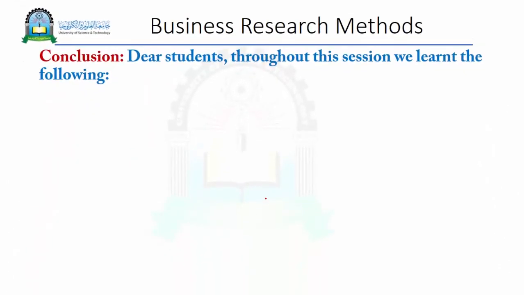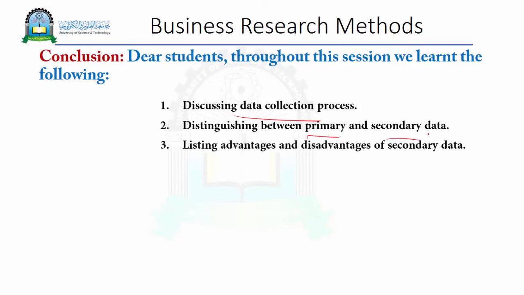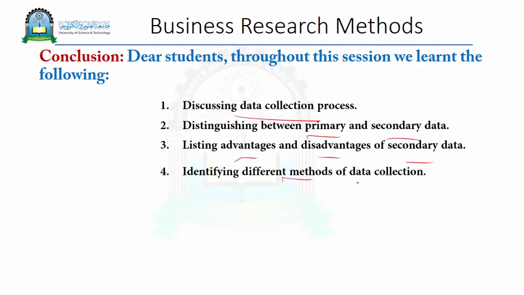So this is everything about the data and the types of the data for this session, which is the 6th session. So through this session, I'm sure that you have learned discussing the data collection process, how we can collect the data and what are the types of data collection and the techniques, and also distinguishing between primary and secondary data, and listing advantages and disadvantages of secondary data, and finally identifying different methods of data collection.